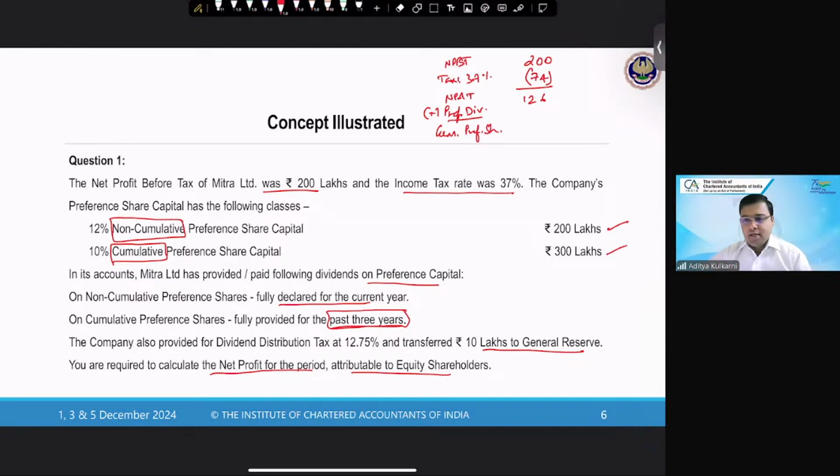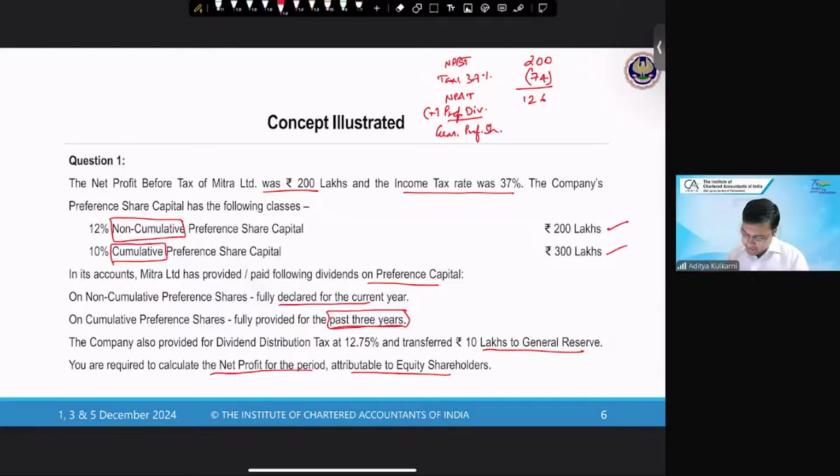Current year. Nisha is right. What about the others? Niranjan, Usha, Vignesh, only for the past or for the current? Only for the current year. So therefore, I will be deducting only the current year.